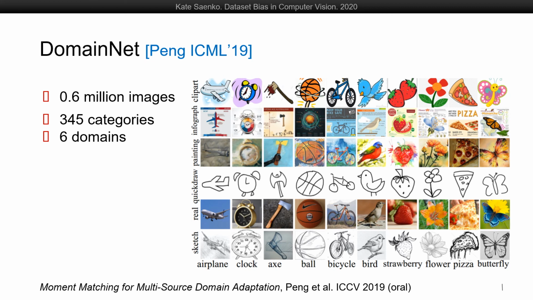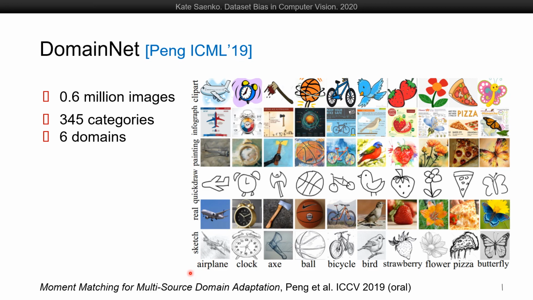This data set is the largest so far multi-domain data set. It contains 0.6 million images, and what's significant and new about it is that it has more categories than any previous data set. It has 345 object categories and 6 domains.